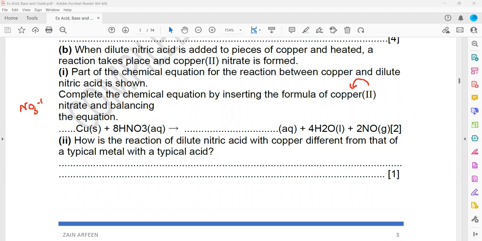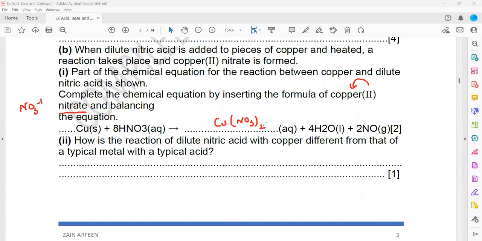It's not nitrite, it is nitrate. Nitrate means nitrogen with oxygen. So the formula for copper 2 nitrate will be Cu(NO3)2, with NO3 in a bracket and 2.